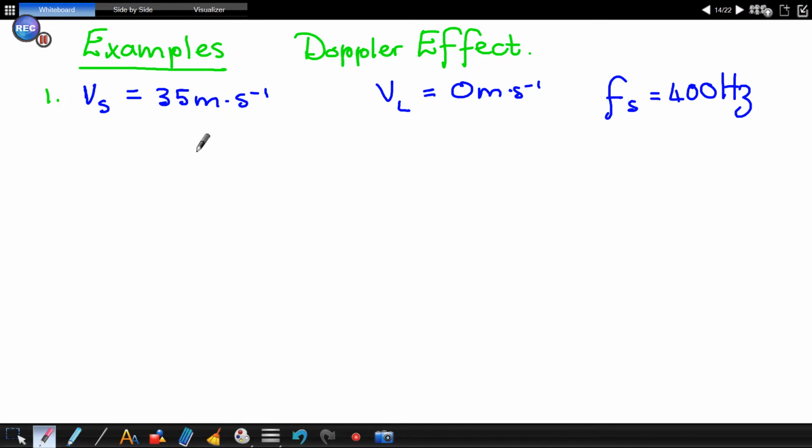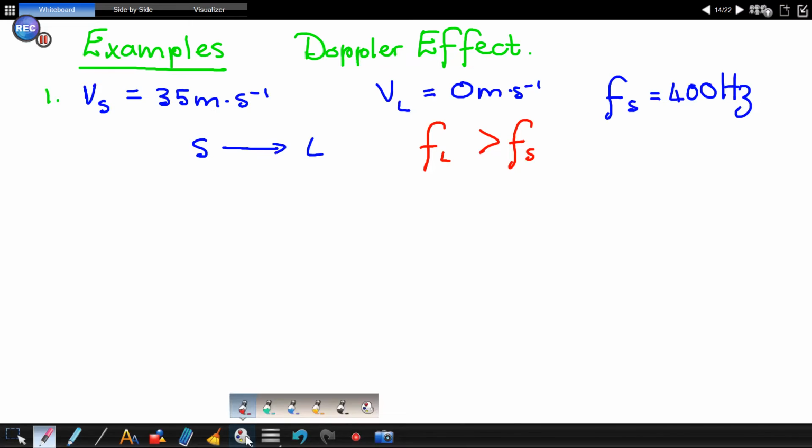So the listener is standing still and the source is moving towards him. So what will the situation be? The frequency of the listener will be bigger than the frequency of the source. This is the thinking that we do before we start solving the question.